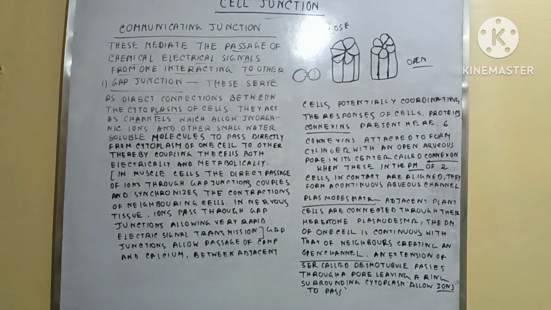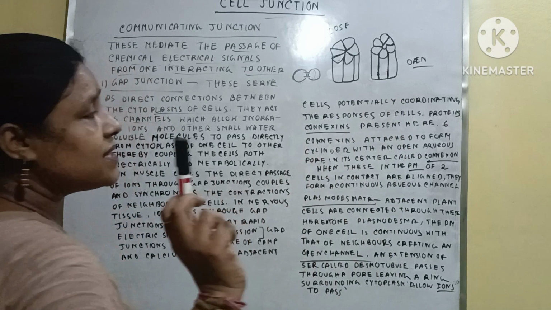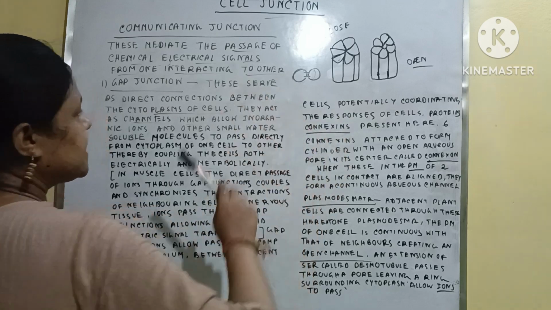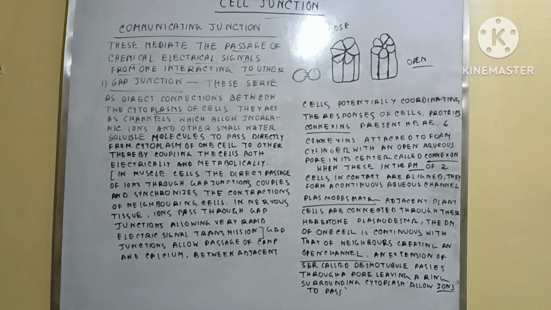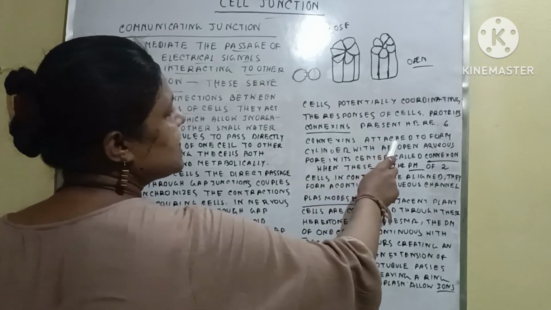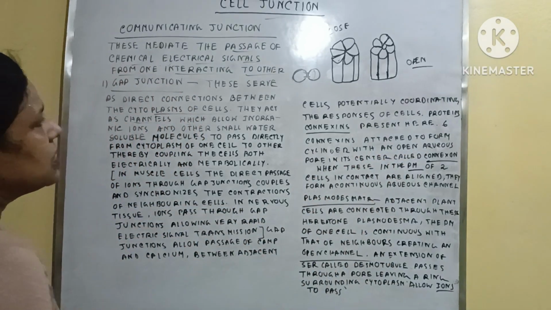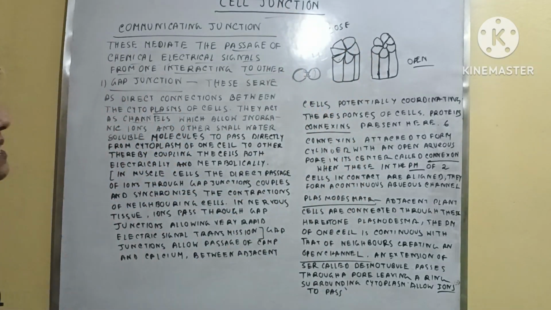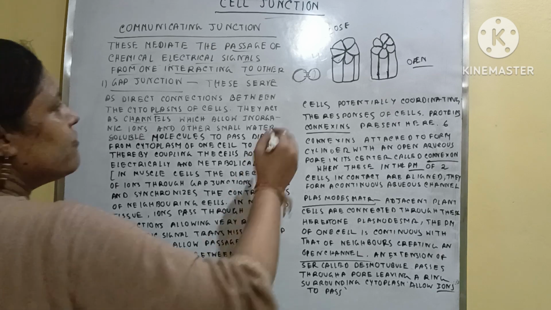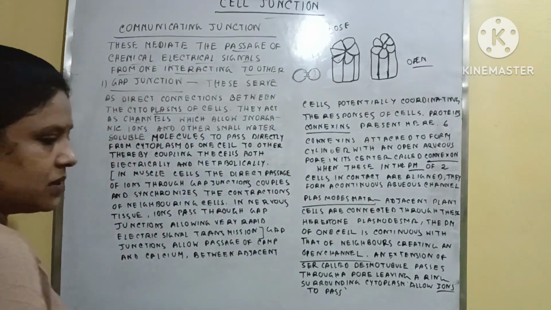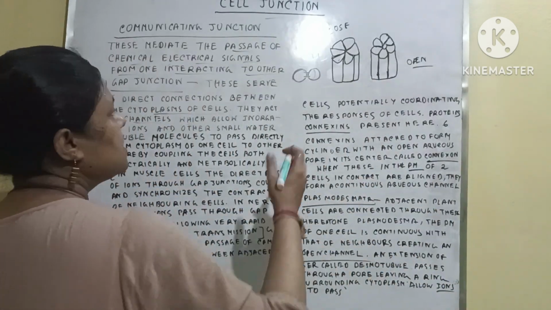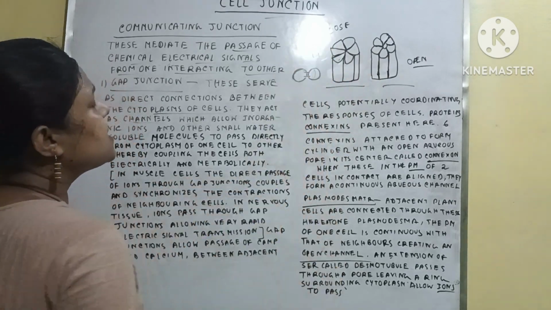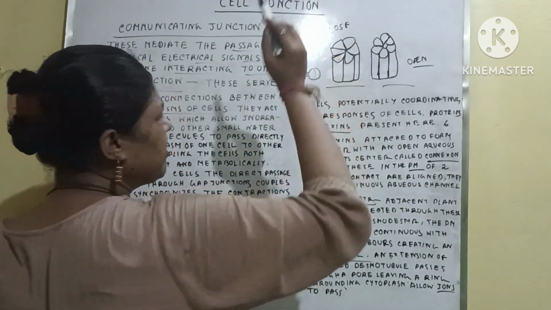And they coordinate the responses of the cells. The protein responsible for making this channel is called the connexin. Six connexins attach to each other to form a cylindrical structure. You can see that this is the closed pore, and this is the open pore.